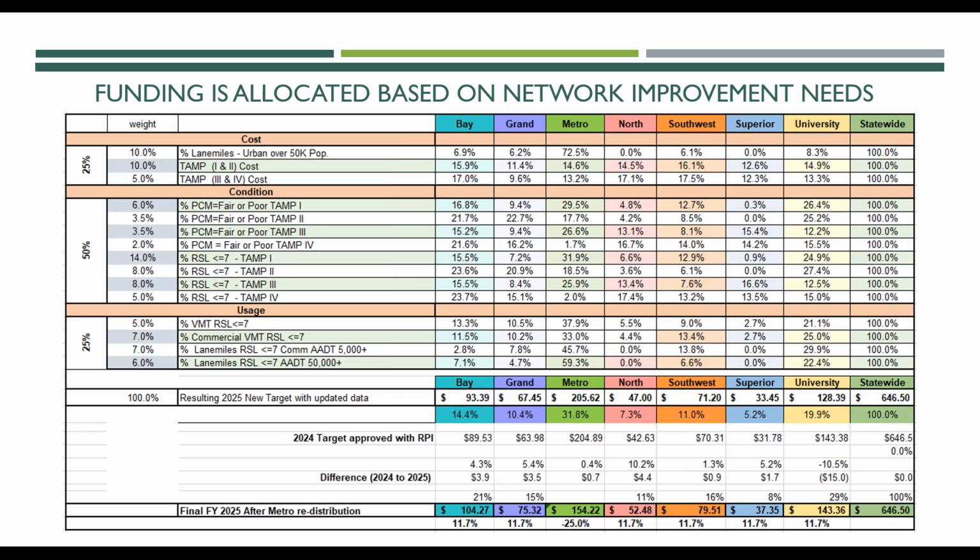TAMP Tier 2 is on the non-interstate freeway. This is going back to those goals that we identified in the state of good repair and divvying up the money based on what regions need the most help in achieving those goals if they have more fair or poor pavements in those areas.